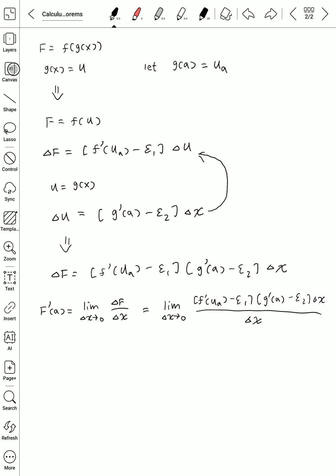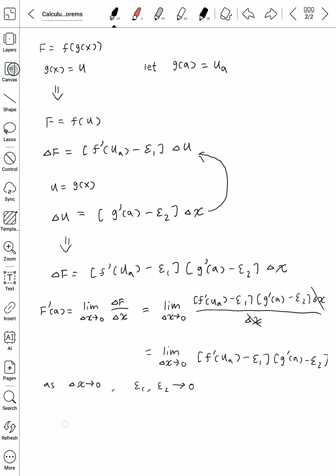And we can cancel out the delta x's, and then this equals the limit as delta x approaches 0 of (f derivative at u of a minus epsilon 1) times (g derivative at a minus epsilon 2). And we know, since epsilon 1 and epsilon 2 are both error terms, as delta x approaches 0, epsilon 1 and epsilon 2 both approach 0.